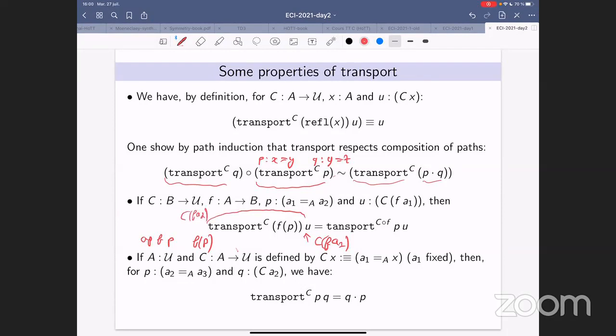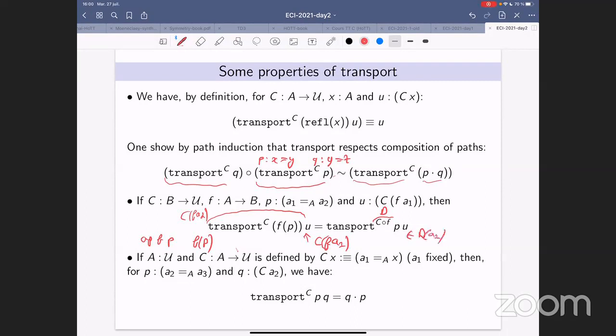Okay, so you can do it in this way, but you can also do it by first changing your type family. Now you have C composed with f, so it's a type family indexed by A. Let me call this family D. You can transport along p with respect to this family, and then this u should belong to D of A1.